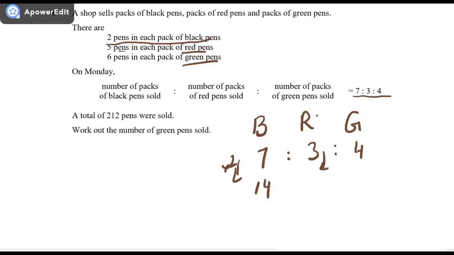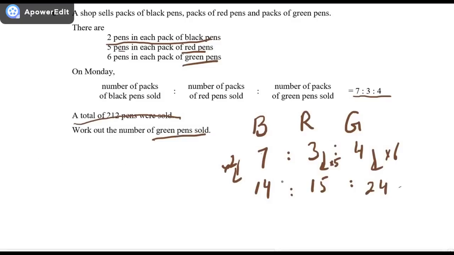So this green, how many? Sorry, red is 5 pens, so this is going to be times by 5, so this is going to be 15. And here green is going to be 6, so this times by 6, so this is going to be 24. So you're asking the total of 212 pens are sold, so work out the number of the green pens. So we're going to find the green pens. So now we got all pens, so you know how to solve the ratio question.